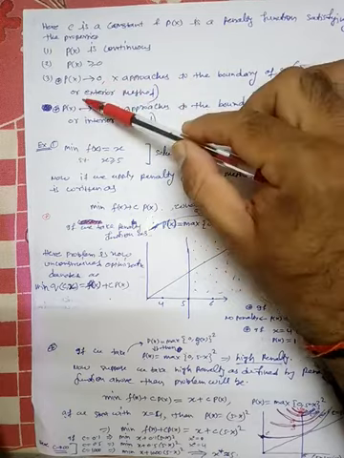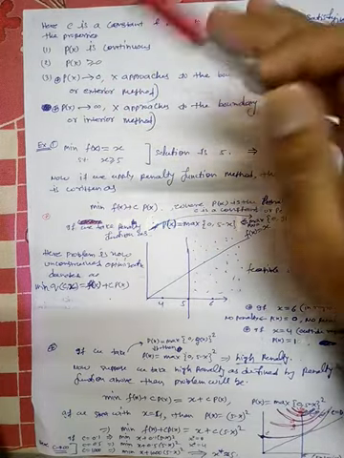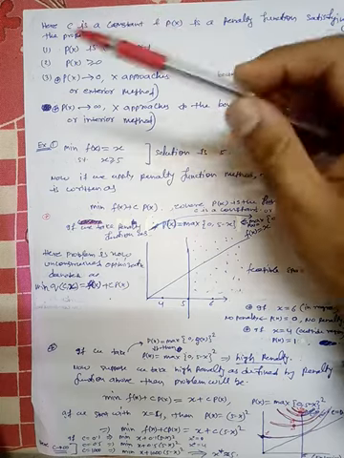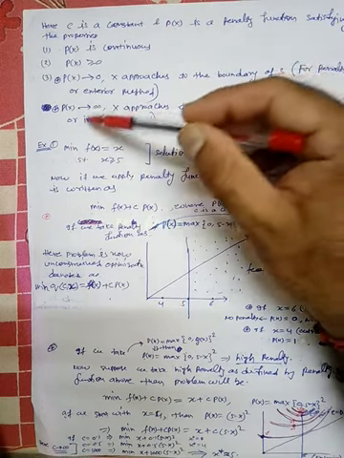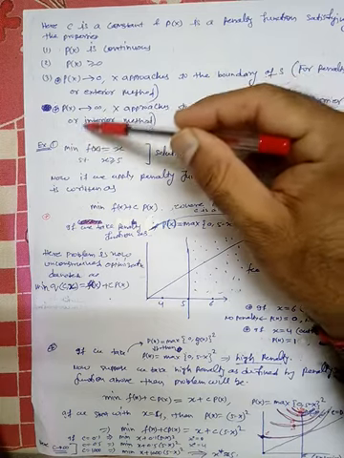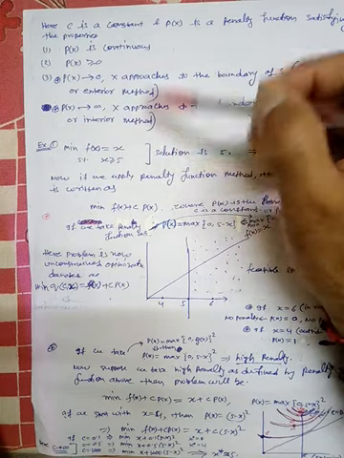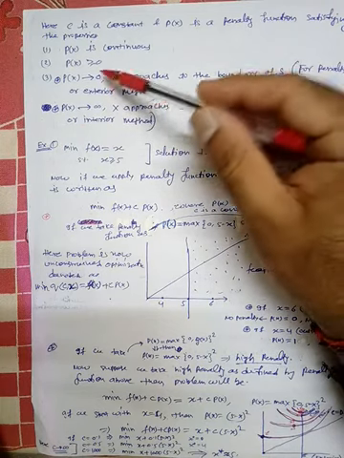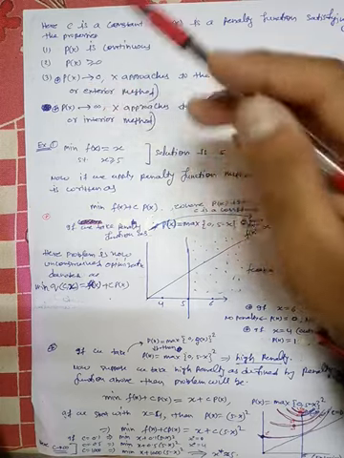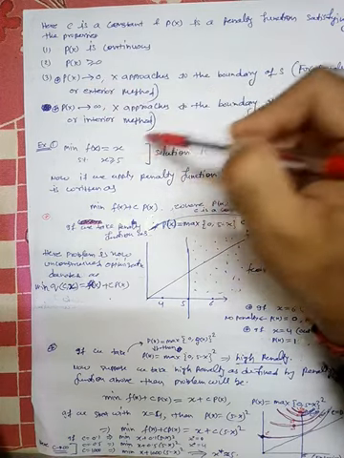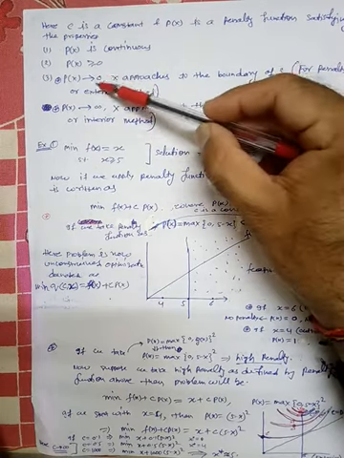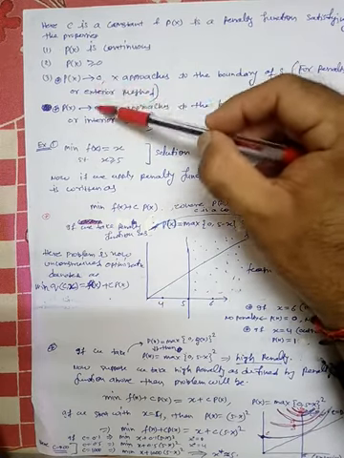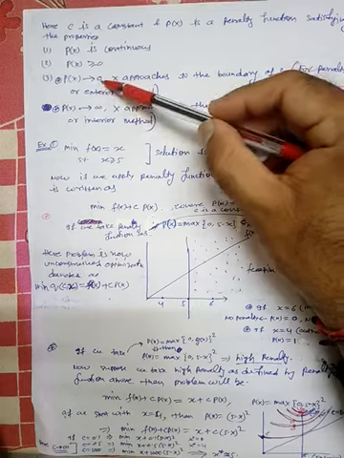Hence the choice of P(x) for the exterior penalty function method is different from the interior penalty function method, because the nature of P(x) is different in both these methods.